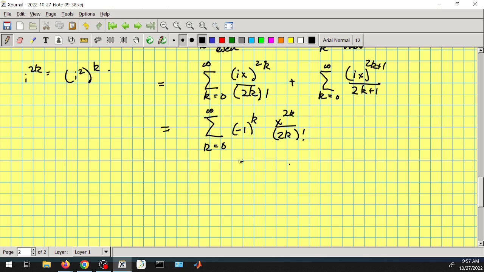And I can do the same thing here. I'll write i to the 2k plus 1 as i to the 2k times i. So I get the sum k equals 0 to infinity of minus 1 to the k times i times x to the 2k plus 1 over 2k plus 1 factorial.